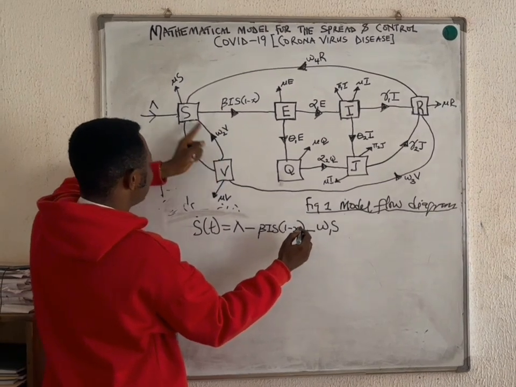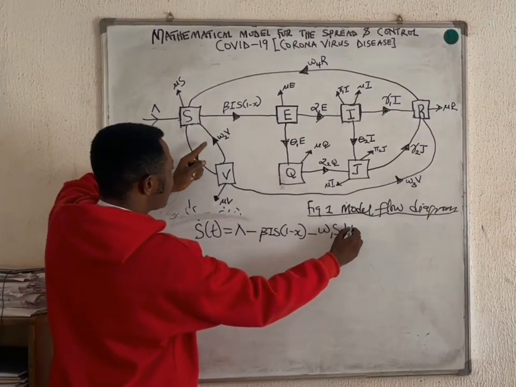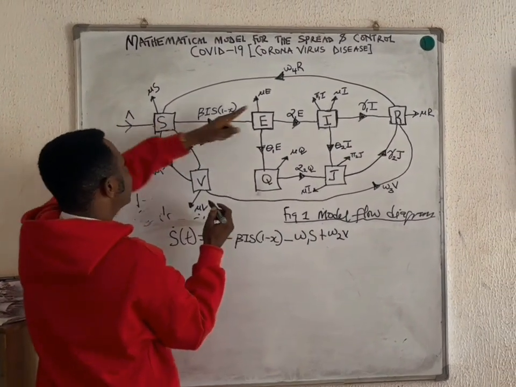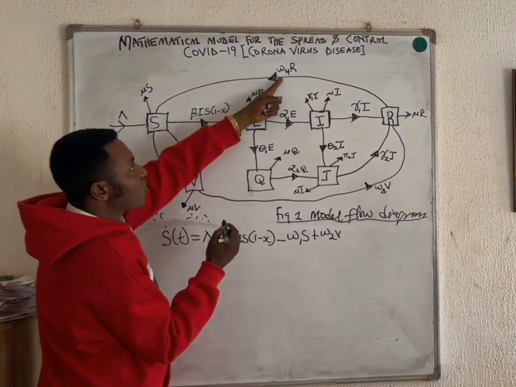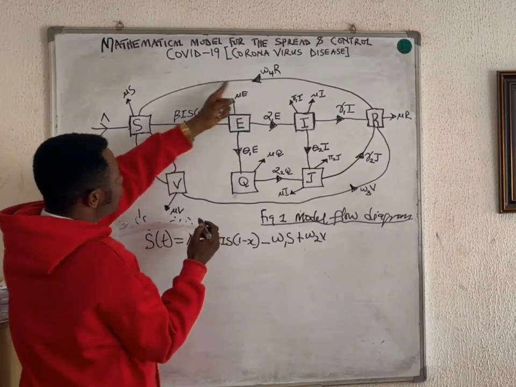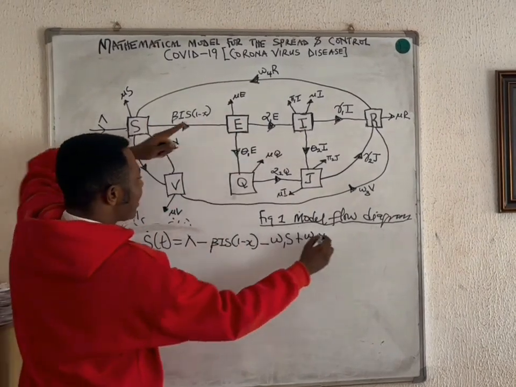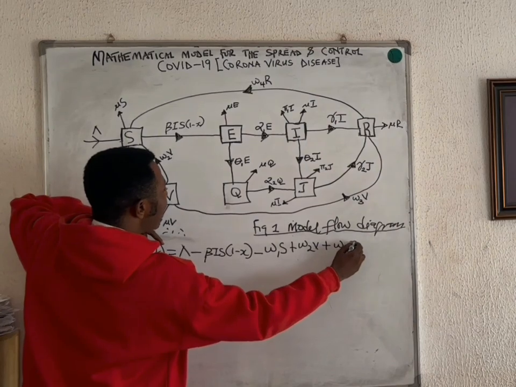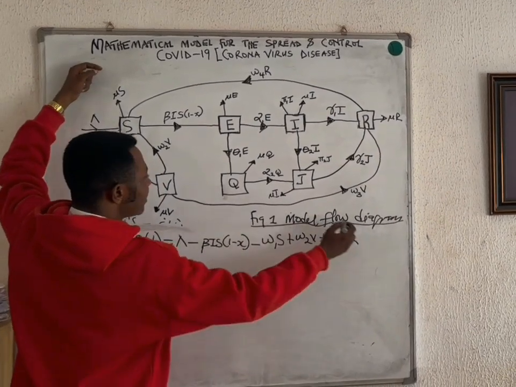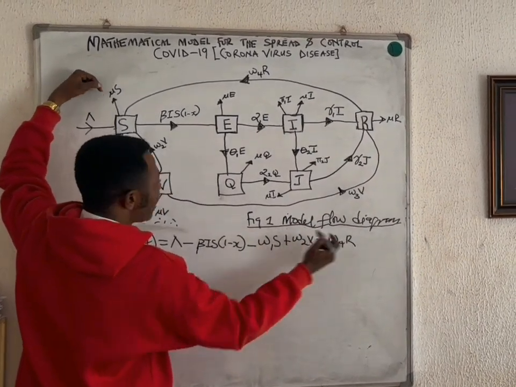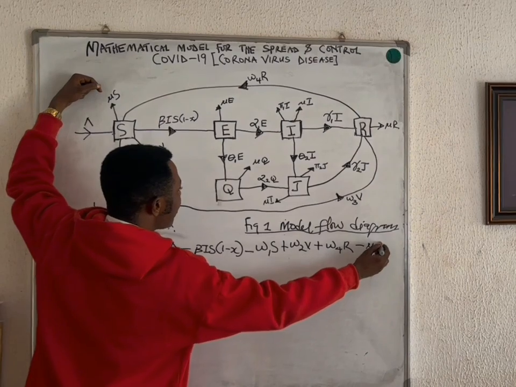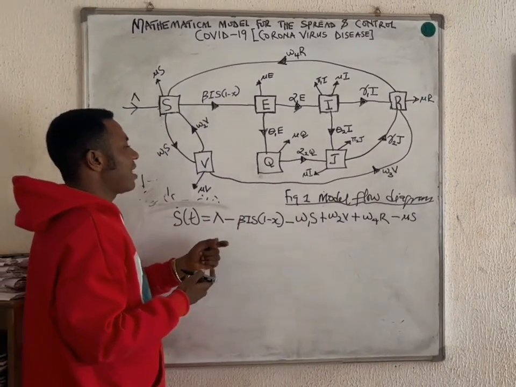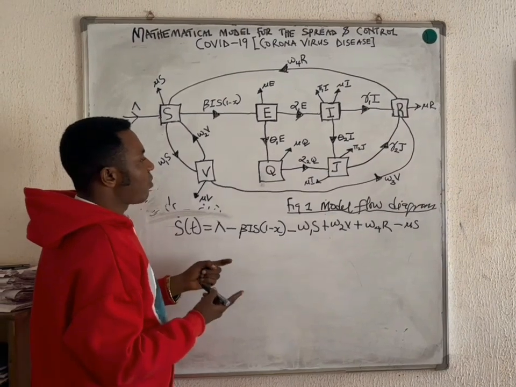This one is entering, plus omega 2 v. Then omega sub 4 r is entering from the recovered class, so it will be plus omega 4 r. Then the last one, the natural death rate for this class, is leaving, so minus mu x. So this line of equation represents the dynamics for the susceptible population.